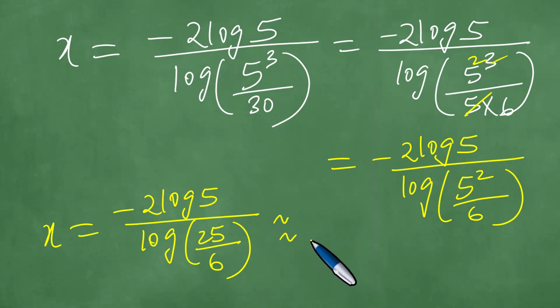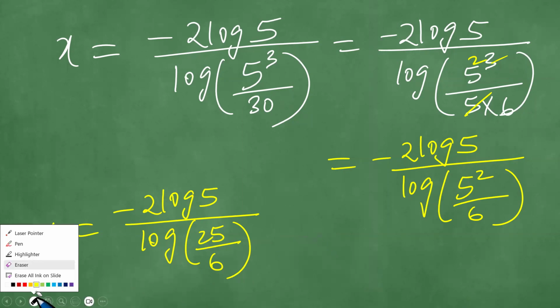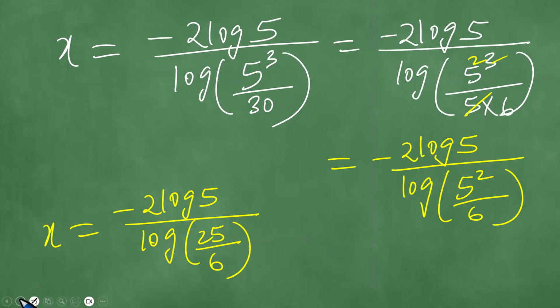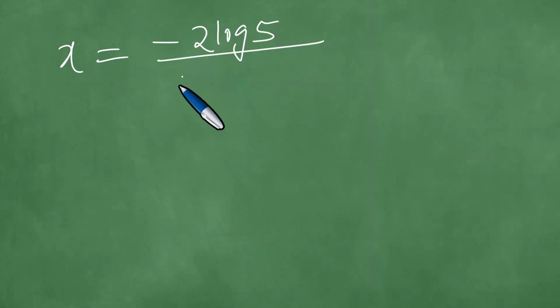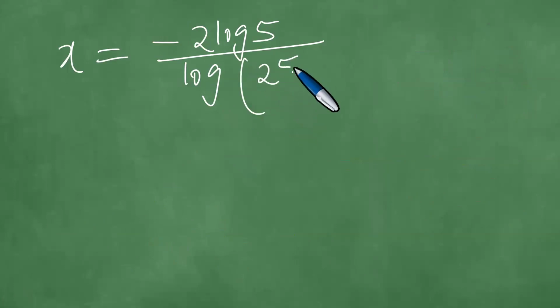And we can see, therefore, we know and we've emphasized. So we can write that clearly on the next slide to avoid mixing things up. So we have, therefore, that x is minus 2, the logarithm of 5 divided by the logarithm of 25 out of 6.